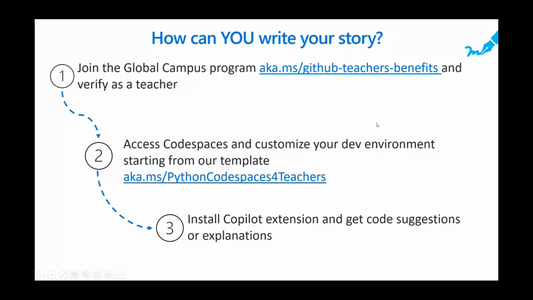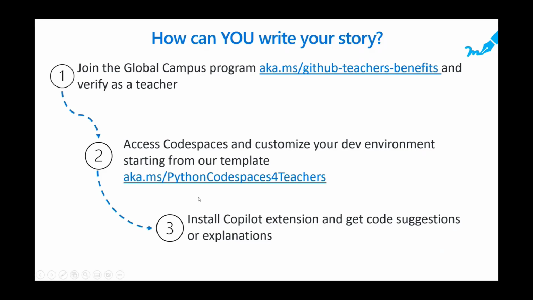So now let me wrap up with some steps you can take if you are interested in starting to use GitHub Codespaces and Copilot. First of all, you should join the GitHub Global Campus program, using this aka.ms link, and verify yourself as a teacher. Once you are in this Global Campus program, you can access Codespaces and customize your dev environment.